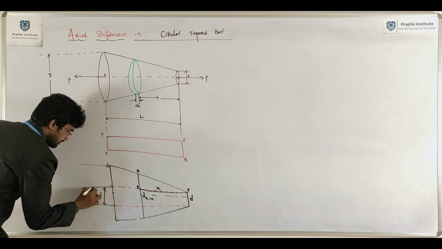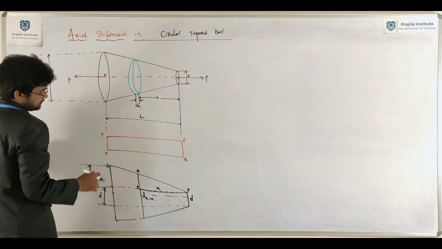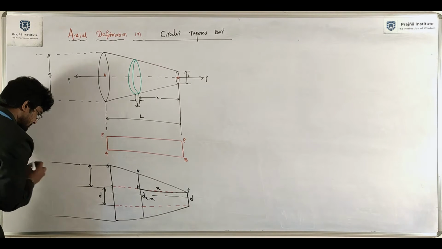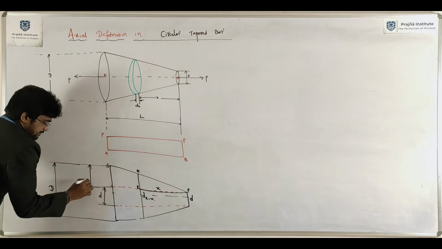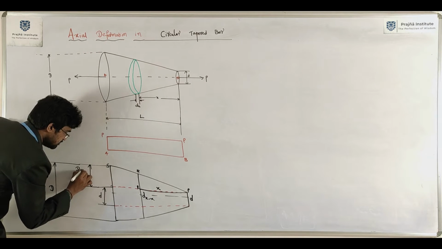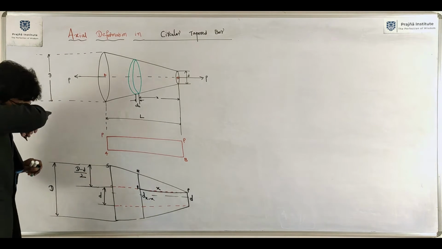From here to here you need to subtract, capital D. Subtract this thing and you will get here and here, D minus d by 2.